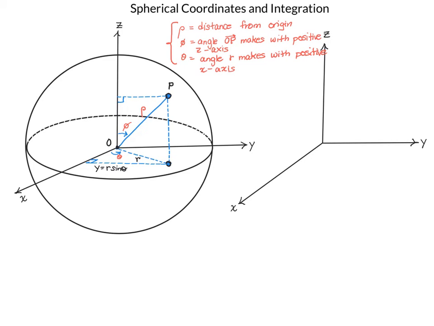Now I'm going to draw a perpendicular from our shadow point. It's going to be parallel to the x-axis, forming a 90 degree angle to the y-axis. And let's dash this one too.